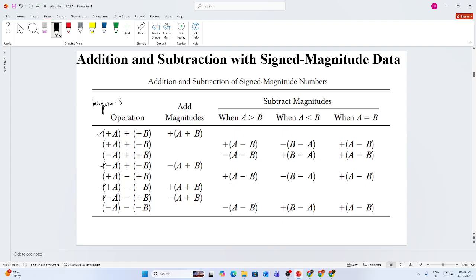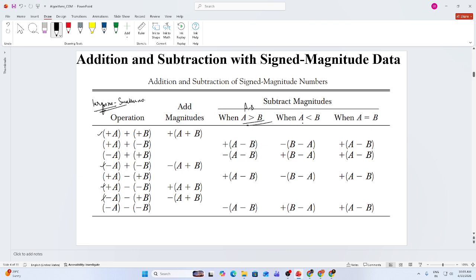So first of all, we need to identify the larger number, so before performing the subtraction we need to compare the magnitudes. Whether a is greater than b, in this case a is greater, so I need to perform a minus b, right?